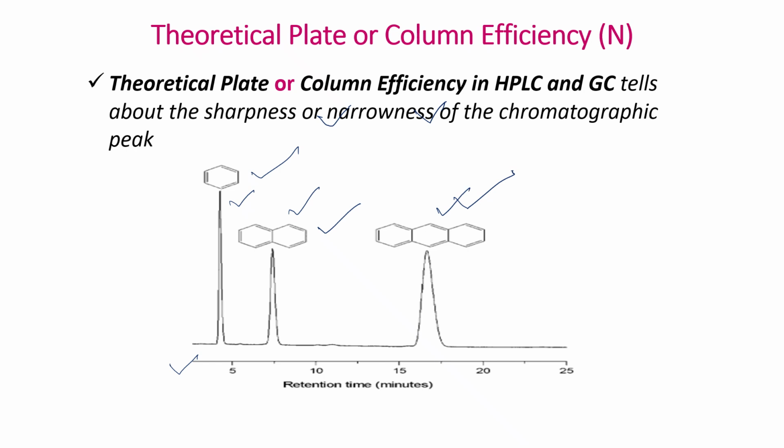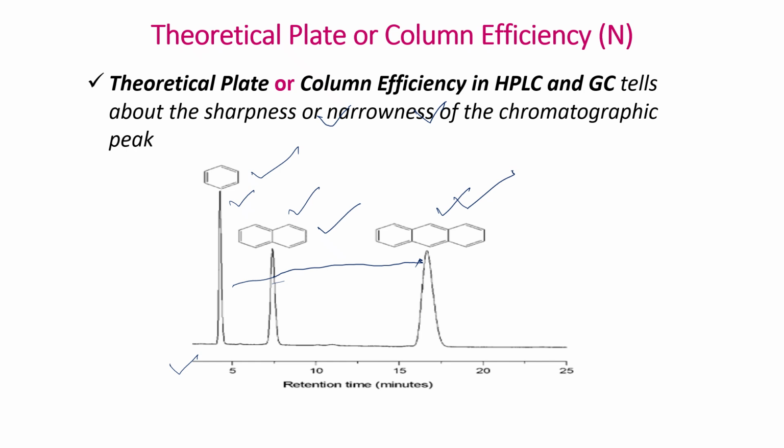In another word, as we are going from benzene to naphthalene and naphthalene to anthracene, the sharpness of the peak is decreasing. It means theoretical plate is decreasing.